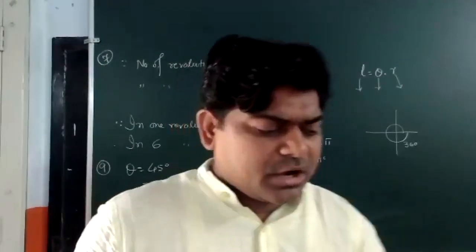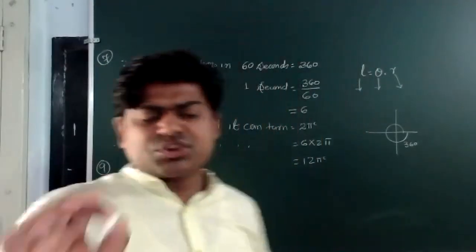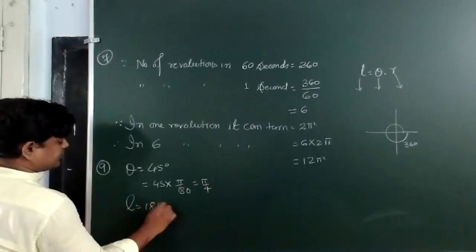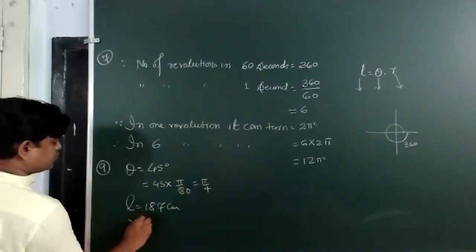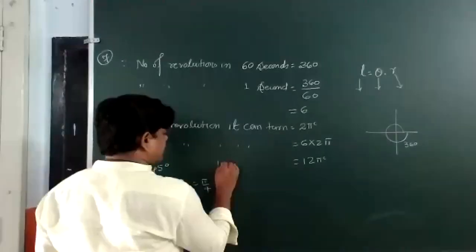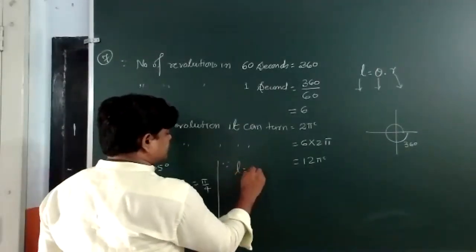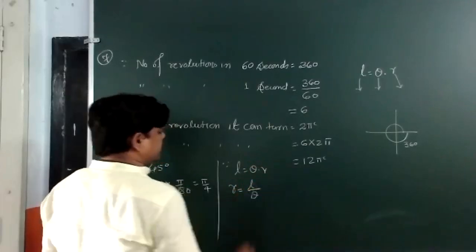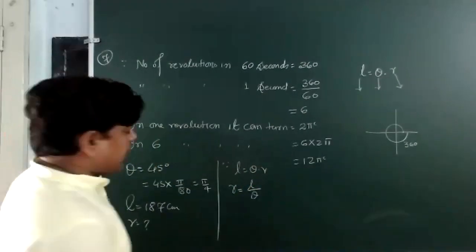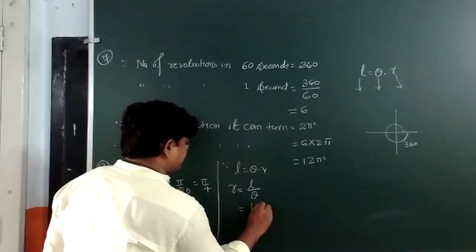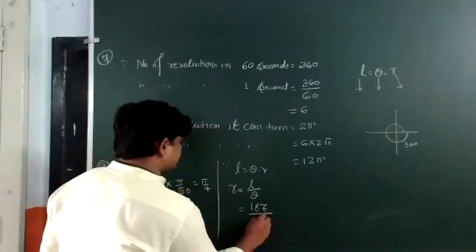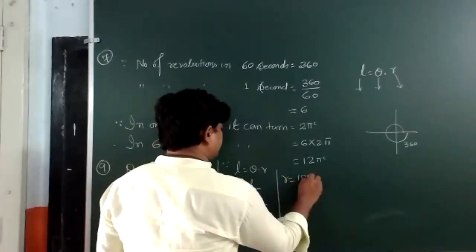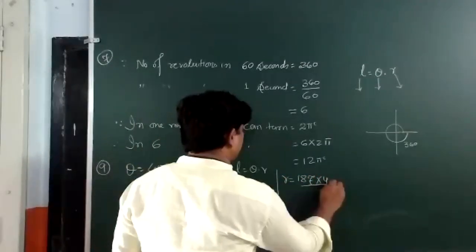Then its arc length is given: L is equal to 187. R we have to find. We have one formula, L is equal to theta into R. So R can be written as L upon theta. You can see L is 187 whole upon pi by 4. When I simplify a little bit more, it is 187 into 4 upon pi.